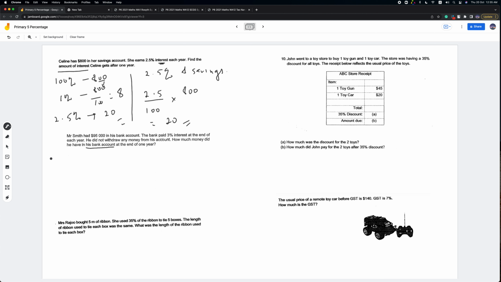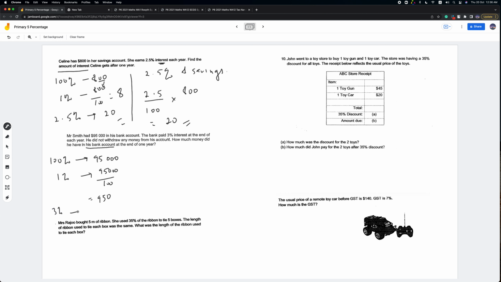We'll do the first method again, because most students prefer this method. I'm not sure, is it because they are taught this method in school? Or it's just that when they are taught both methods, they prefer this method overall. So 1% is 950 and he's paid 3% interest.